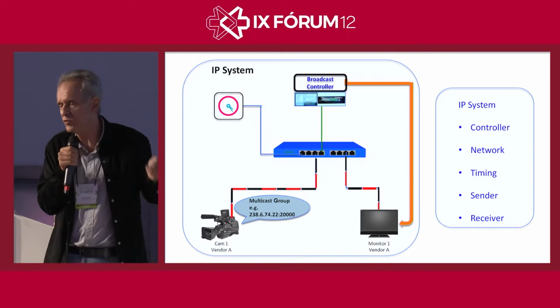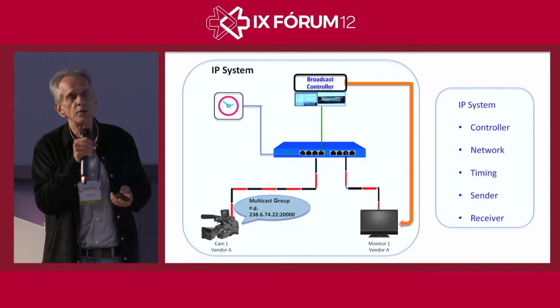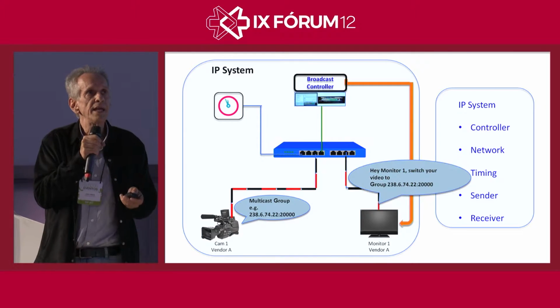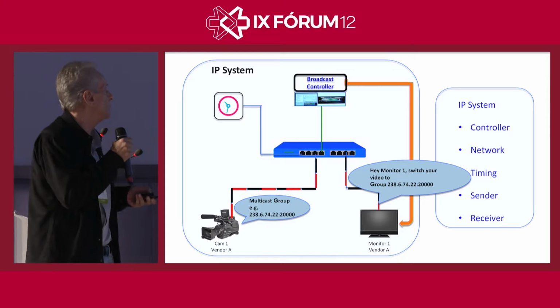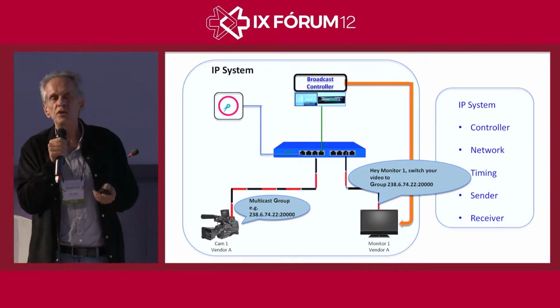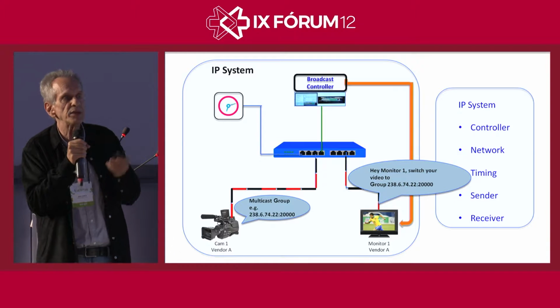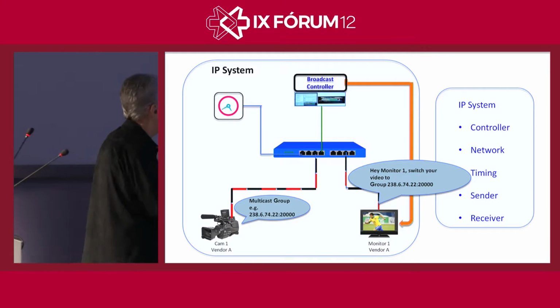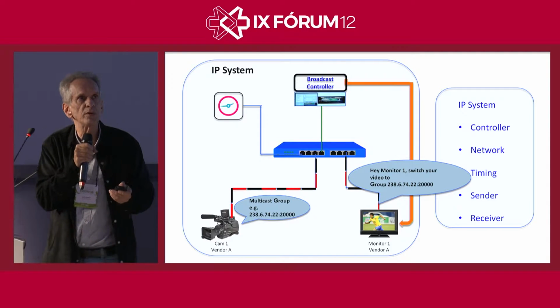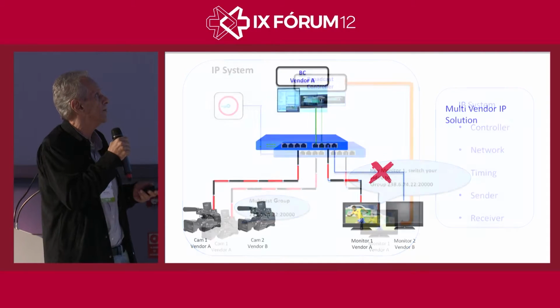They have to be acknowledged by the broadcast controller, which is the connection controller available in a broadcaster. And with that, you have a connection, and the media is broadcasted from the source to the receptor.